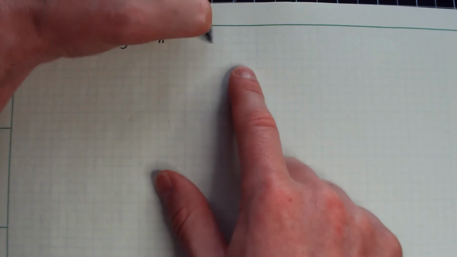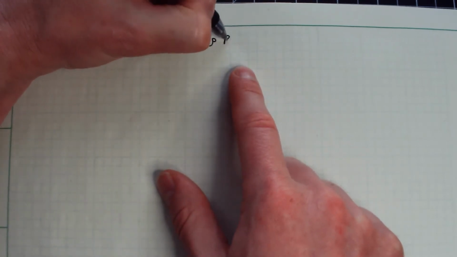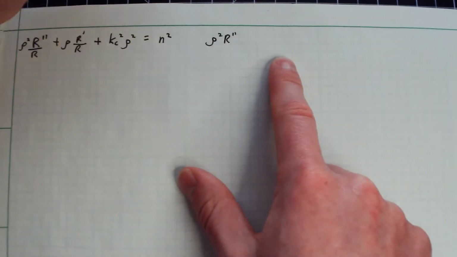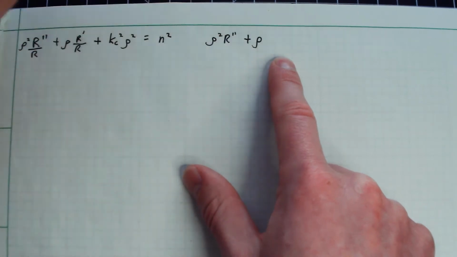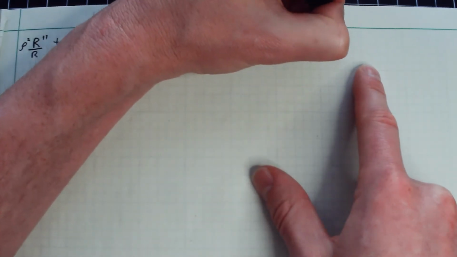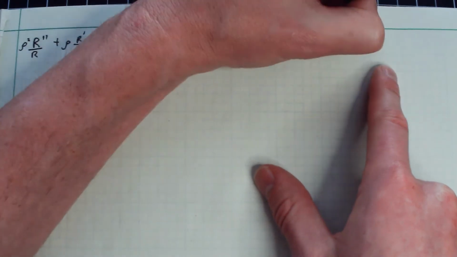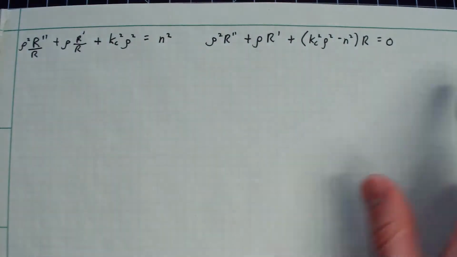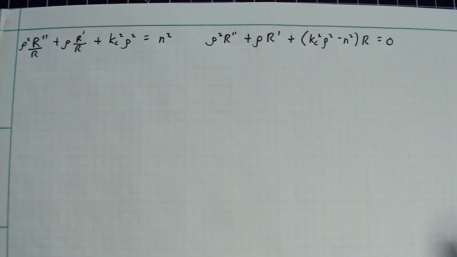I'm going to rewrite this as rho squared r double prime plus rho r prime plus k sub c squared rho squared minus n squared times r is equal to 0. So I just rewrote this term a little bit.